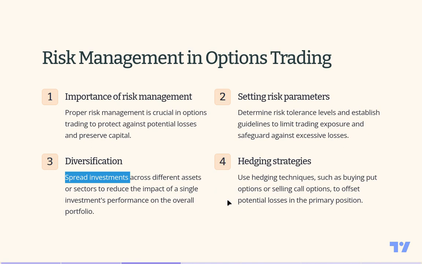And the number four thing we should remember about risk management in options trading is using hedging techniques such as buying put options and selling call options to offset potential losses.